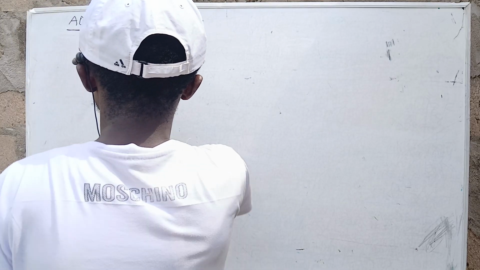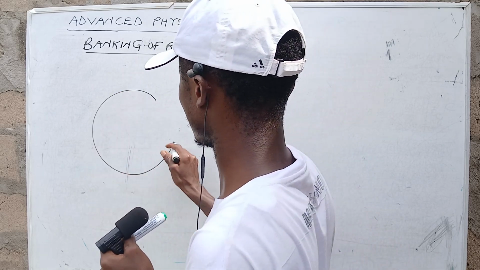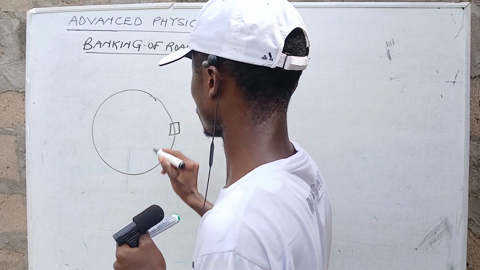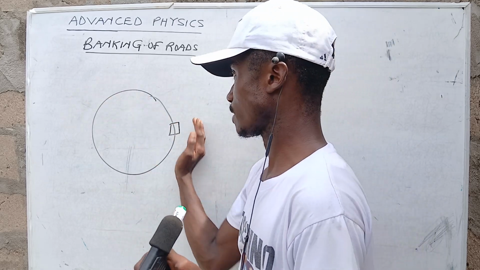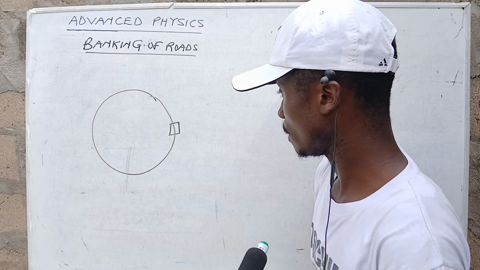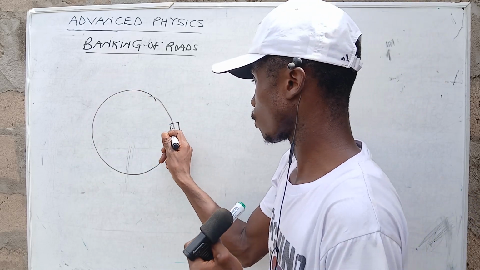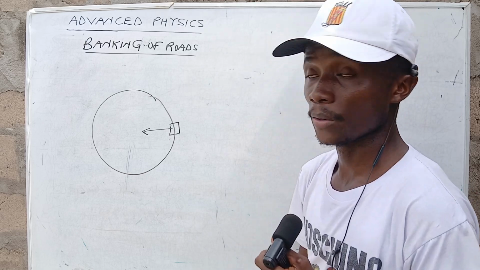So before we look at the banking of roads, let's say this is a roundabout and there is a driver who is negotiating a circular trajectory. Now, how is he able to negotiate this curve? That means there should be a force that gives it a centripetal acceleration, mv squared over r.